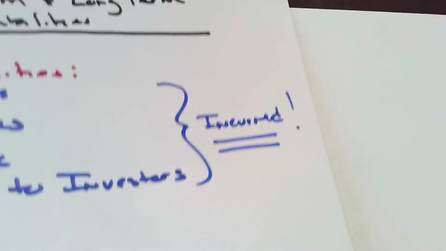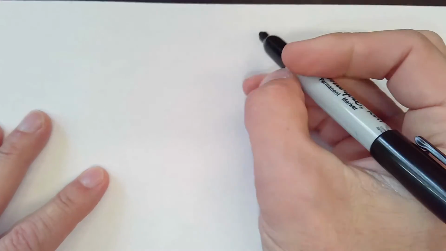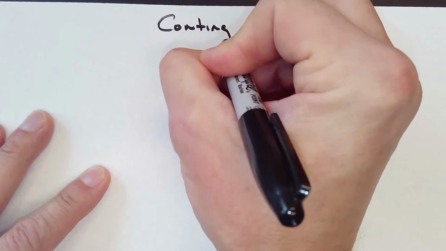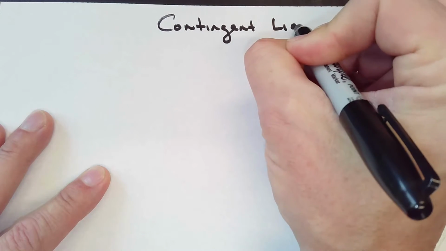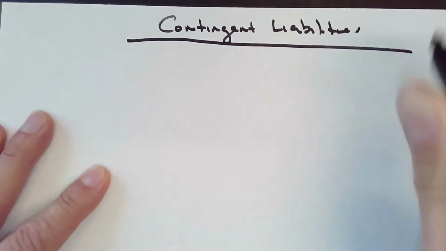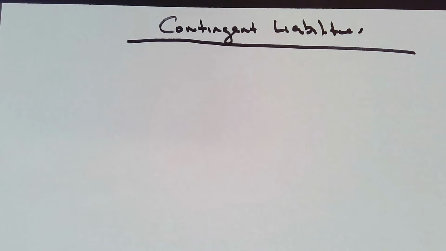So let's talk a little bit about these contingent liabilities. So there's three classifications, if you will, of the likelihood.